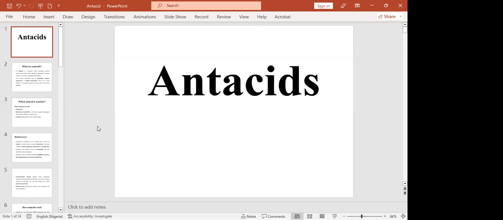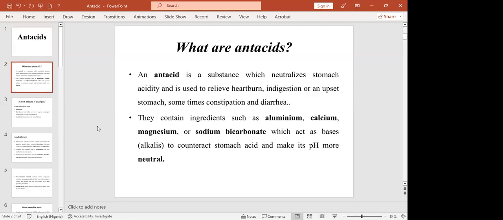So let's go ahead. Antacid is just a few slides. We'll just discuss it so we can call it a day. So what are antacids? They are substances that will neutralize stomach acidity. Medically they are used to relieve heartburn, indigestion or an upset tummy.